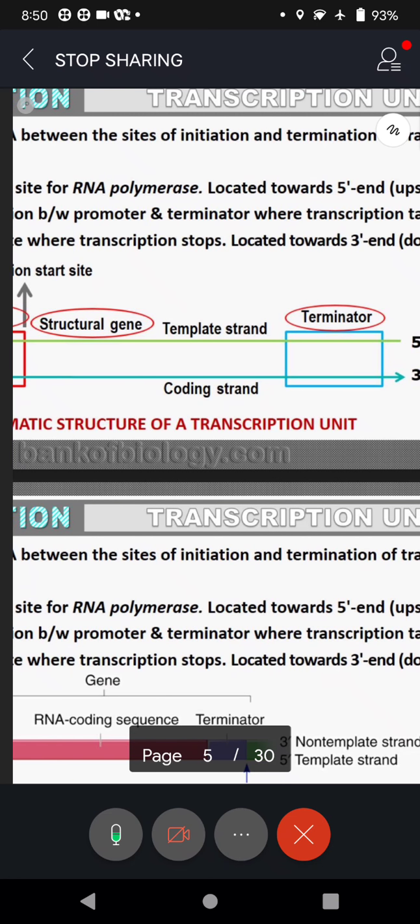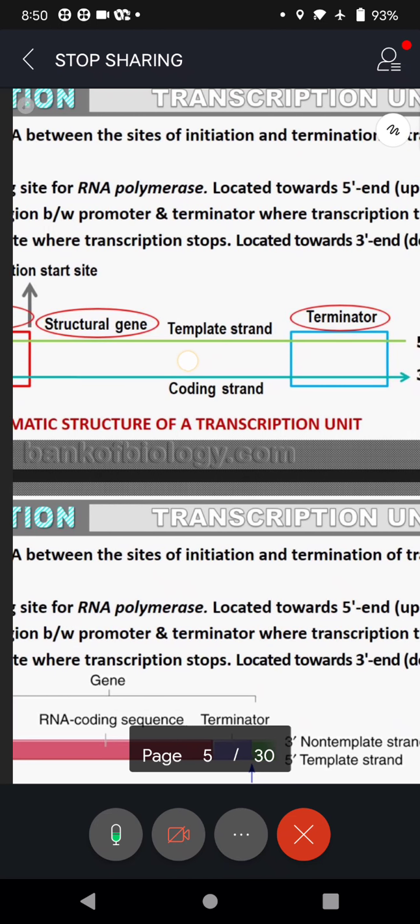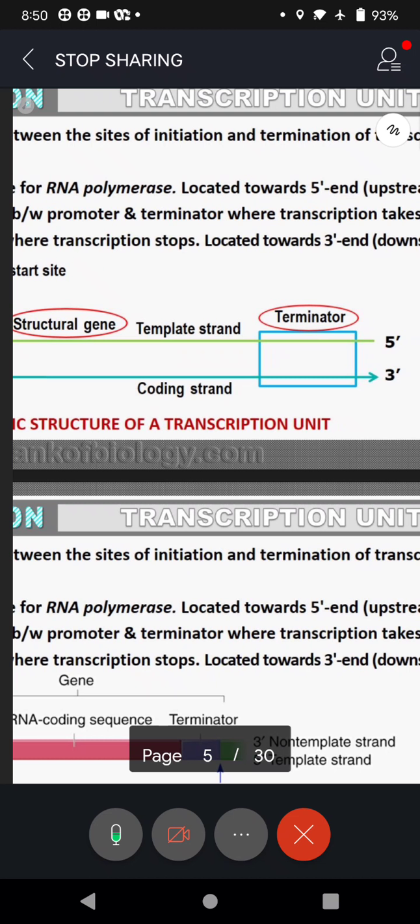And then after the process, as the DNA molecule starts breaking itself, at one point of time there has to be an end, and that end point is called a terminator. So everything begins and at one point of time ends. All of us know that. So the beginning is the promoter region in that red box, and the closing is the terminator region.